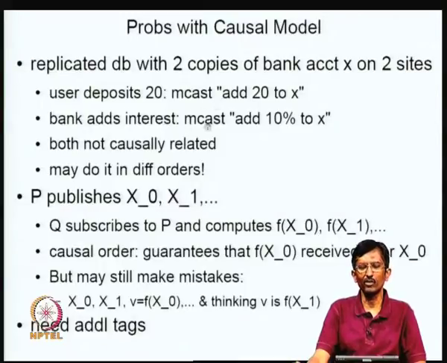The problem is, depending on when I do this, I will get different results. For example, if I do add 10% to x before I do this, I will get one result. If I do this first followed by 10%, I get a different result, right.